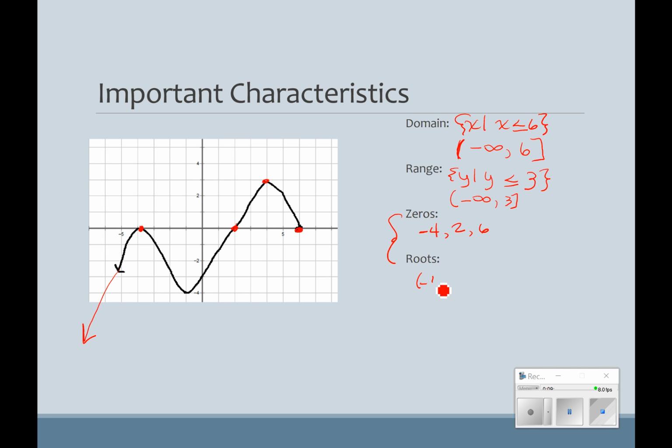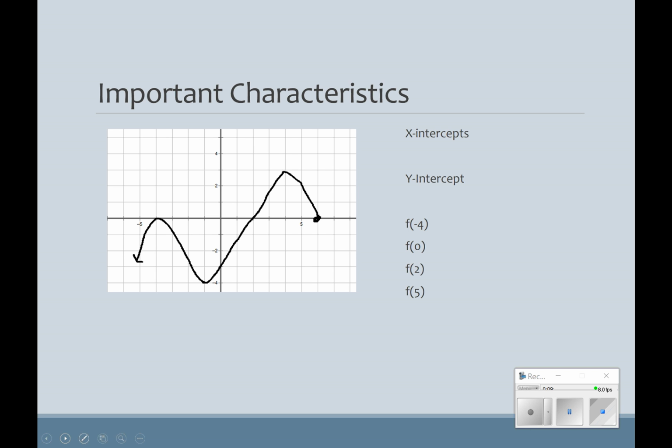It would be negative 4, 0, 2, 0, and 6, 0. Okay. Again, x-intercepts were the same as our roots and our zeros. So my x-intercepts are going to be negative 4, 0, 2, 0, and 6, 0.